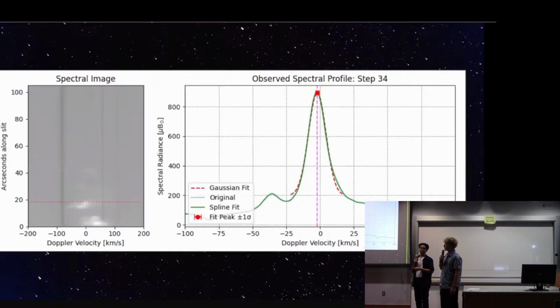Okay, in this graph, we have velocity versus brightness on the X and Y axis. You can see on the right, it has the red dotted line, which is a Gaussian fit we predicted for the ideal shape of the graph. That is used to go through all the photos we took, and we created a graph for all of them and determined this was the graph that matched up best with our Gaussian fit, which is basically like a bell curve.